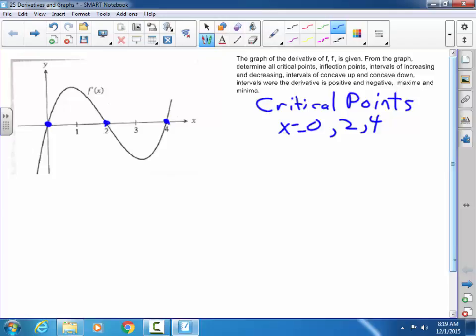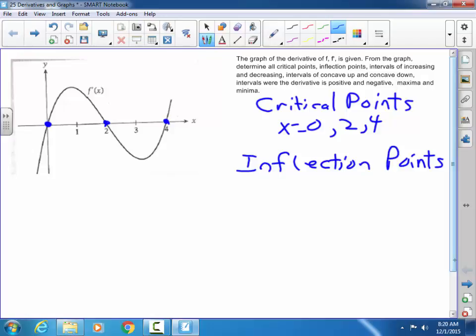What about inflection points? There with the derivative 0, so it's going to be 1 and 3, or kind of near 3. Right. Inflection points. Okay. Now, for inflection points, remember your definitions: where the second derivative is 0 or undefined and the concavity changes.